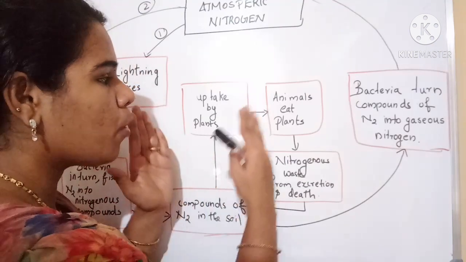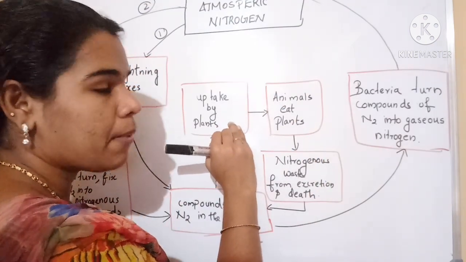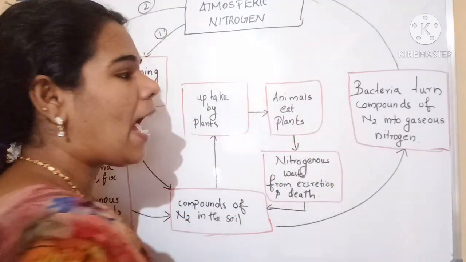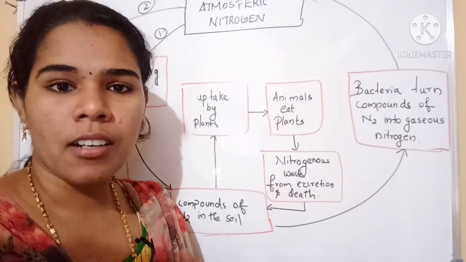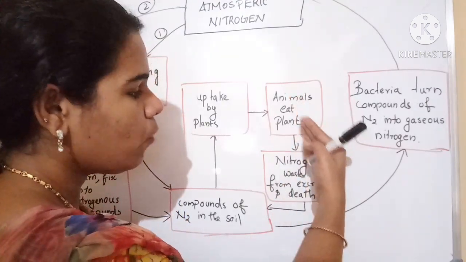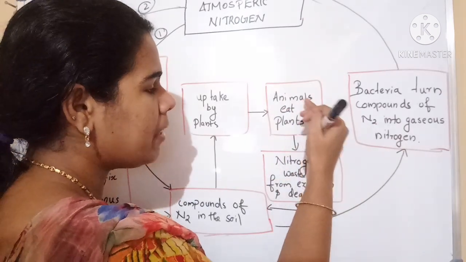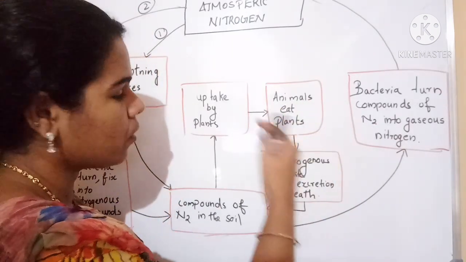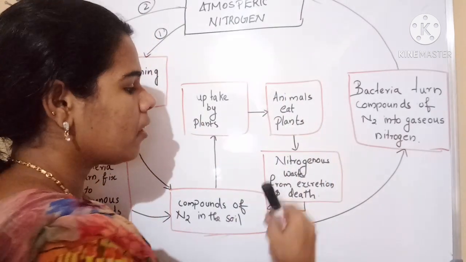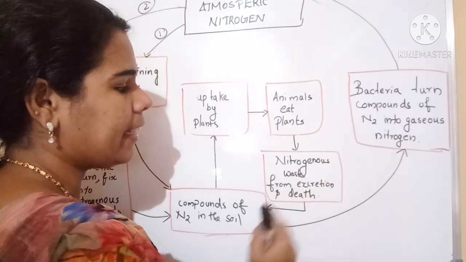So what happened? Normally these nitrogenous compounds like proteins and vitamins will enter into the animal body. The animal eats plants, so the compounds move to the animal body. And the nitrogen is wasted through excretion and death.